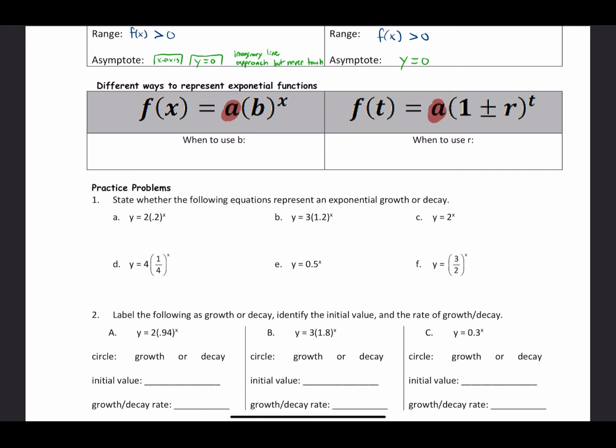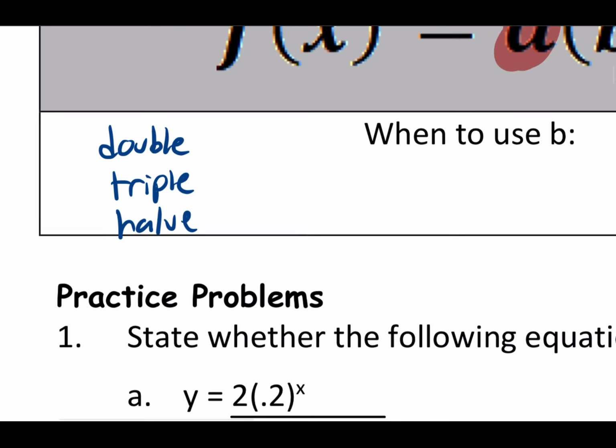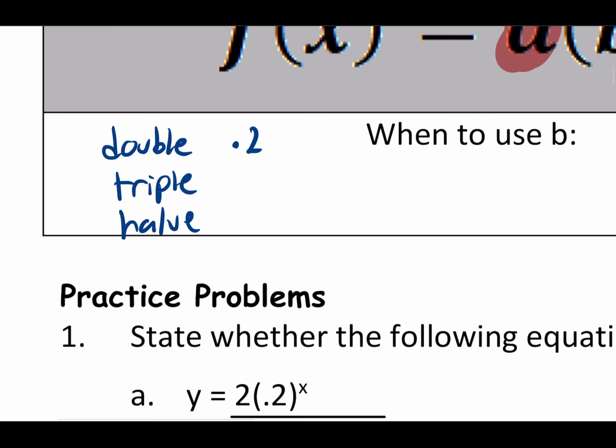B, however, only gets used in specific examples when we are using words like double, or triple, or half. If I'm saying I'm taking some constant to some power, to the power of 1, to the power of 2, to the power of 3, I'm saying I'm doubling, or times 2, times 2, times 2, a certain amount of times.